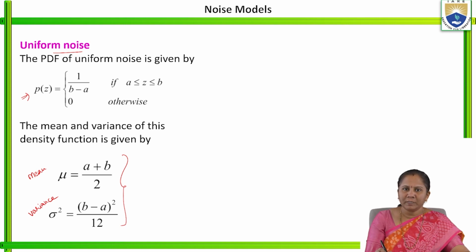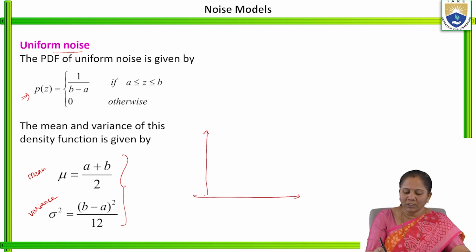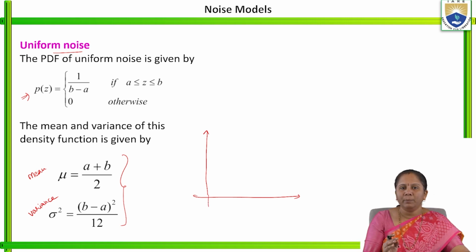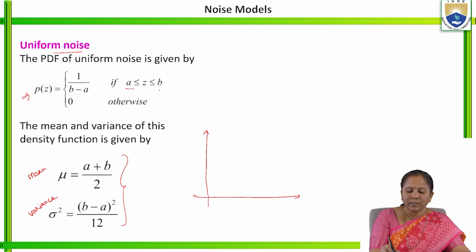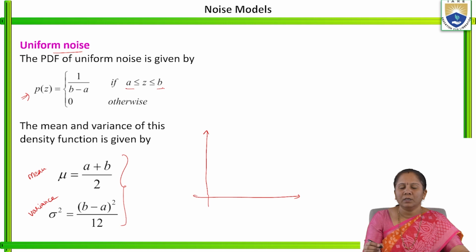So in order to represent the probability density function of this uniform noise: uniform noise means between the 2 points A and B, the magnitude will be uniform, that is, the same.